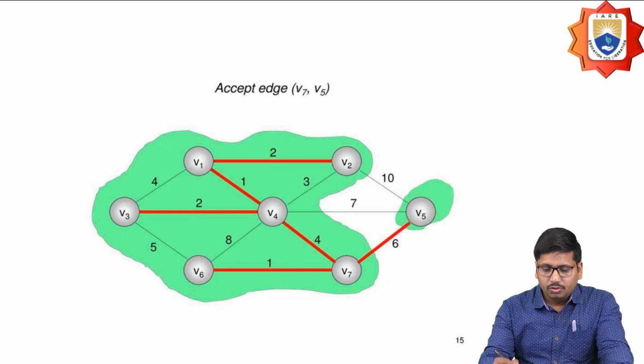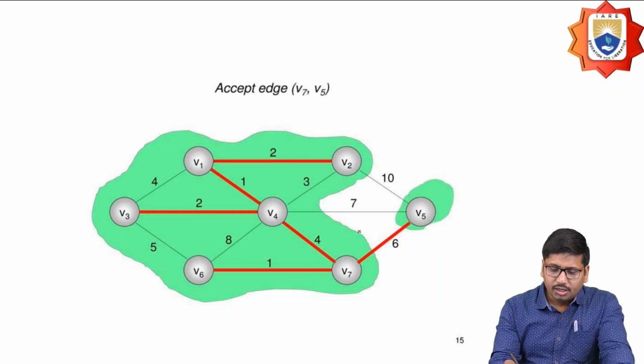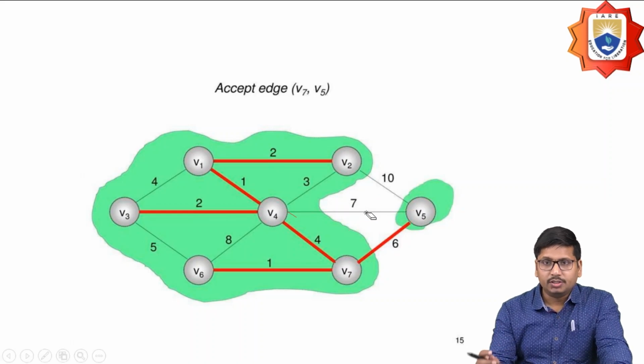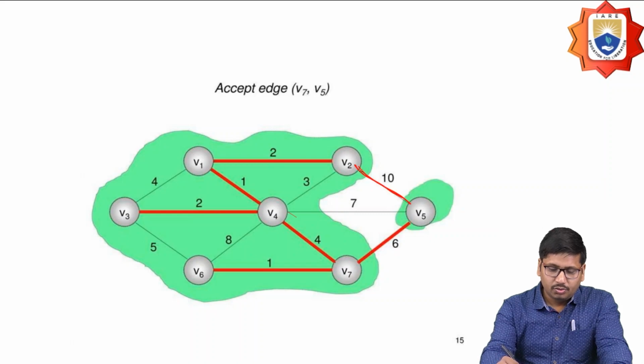Next is 7. If I select this, again it is going to form a cycle, so I should not consider this edge. And if I consider this one, it is also going to form a cycle, so this edge should not be considered either.